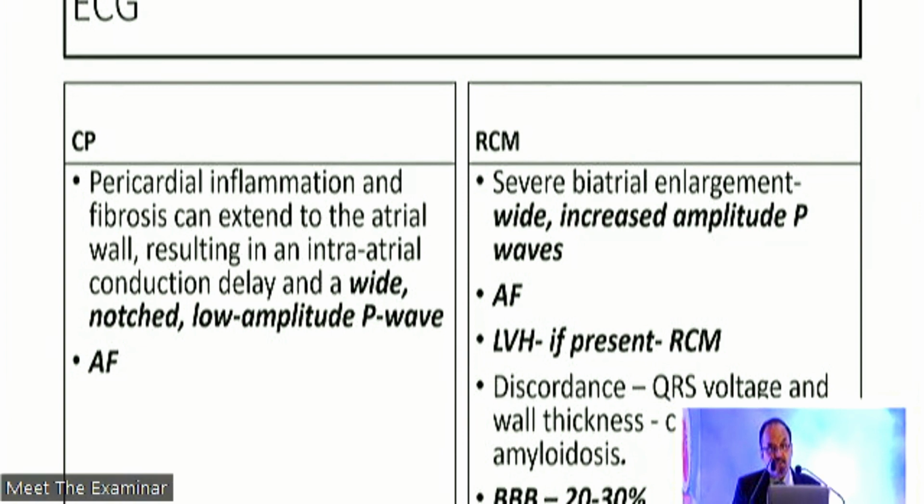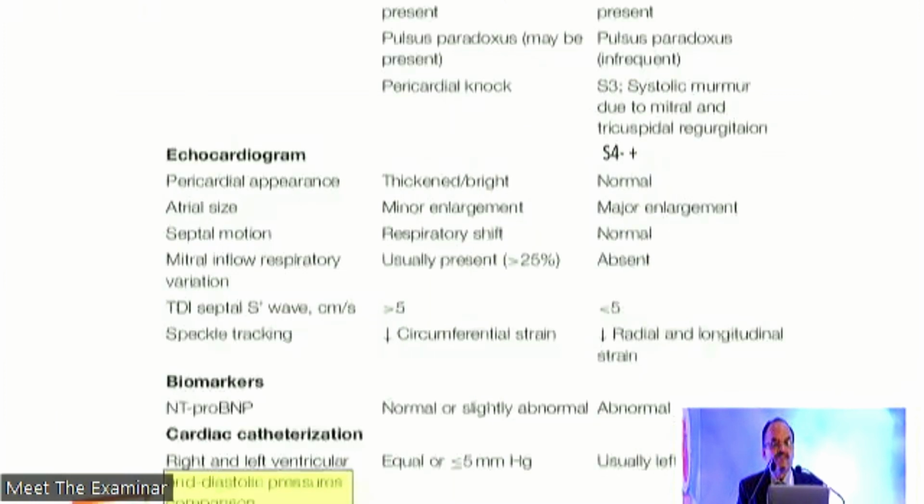It is also interesting to note that if there is a discordance between the QRS voltage and wall thickness, you should suspect amyloidosis. It is also known that restrictive cardiomyopathies cause ventricular conduction defects in about 20 to 30% patients, and you may get left bundle branch block or right bundle branch block. But none of these features is distinguishing.